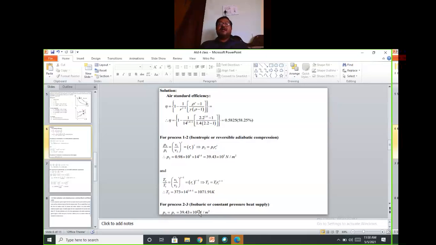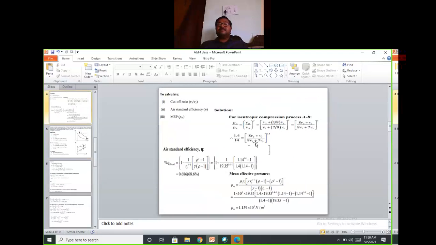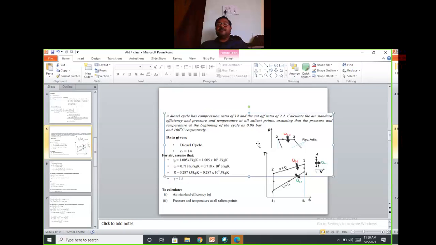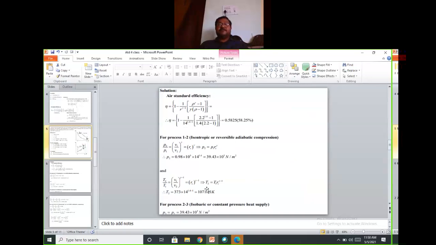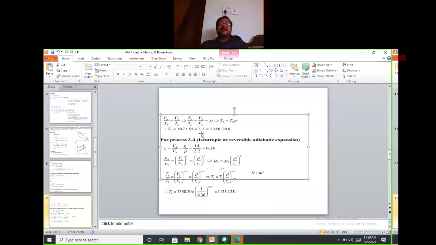If you come to this diagram, at 2 and 3 the pressure is the same, so P2 is equal to P3. From V3 by V2 equal to T3 by T2, from this equation you'll get T3 is 2358.28 Kelvin.